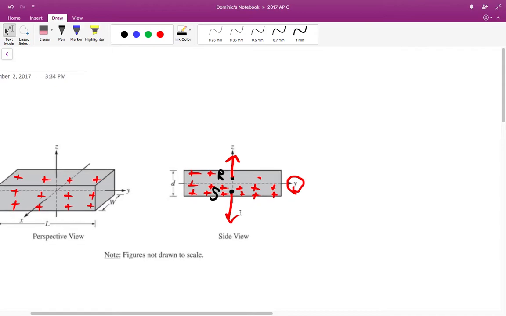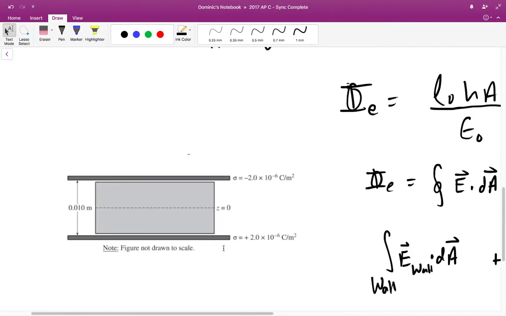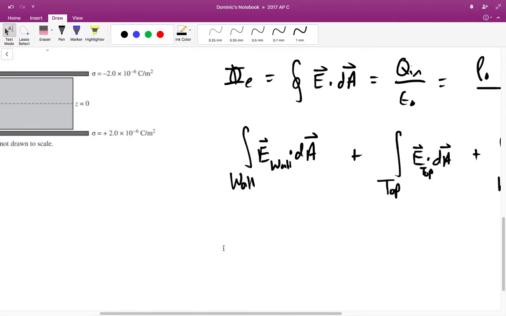I think the point of them saying that the width is much greater than D and the length is much greater than D is that, relative to the height of our slab here, the length and the width are infinitely big compared to it.